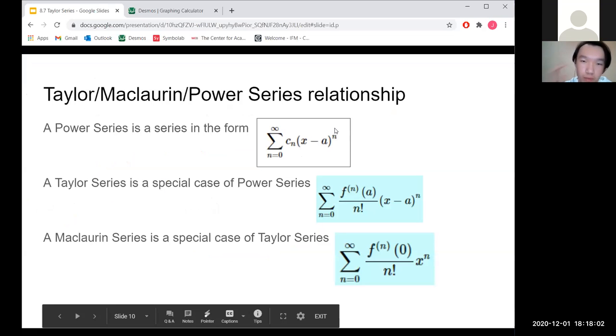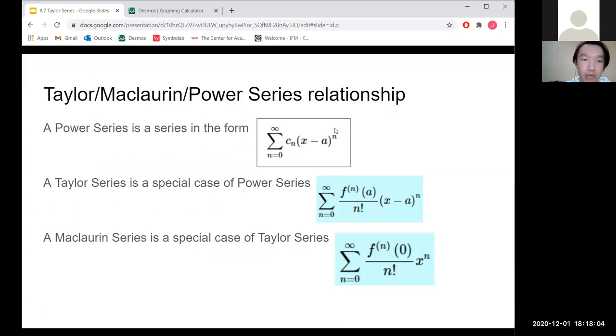Okay, so what's the relationship between a power series, a Taylor series, and a Maclaurin series? So a power series is like the broadest term. It's the most general one, which is the summation of c sub n times (x minus a) to the nth power. So that's a power series. When you specify that the coefficient is f to the n of a over n factorial, then all of a sudden your power series is now called a Taylor series, okay?